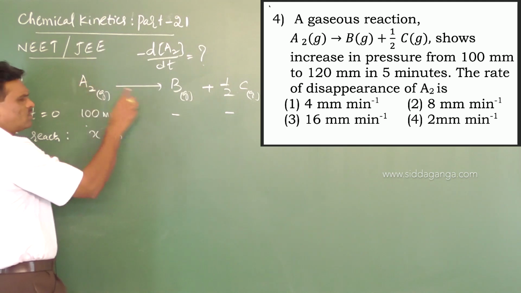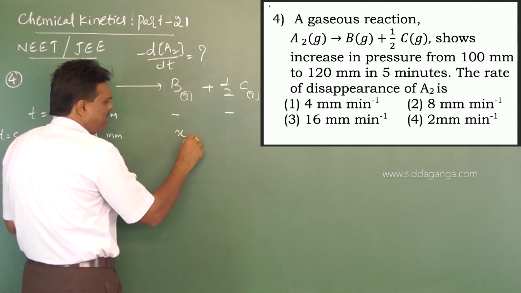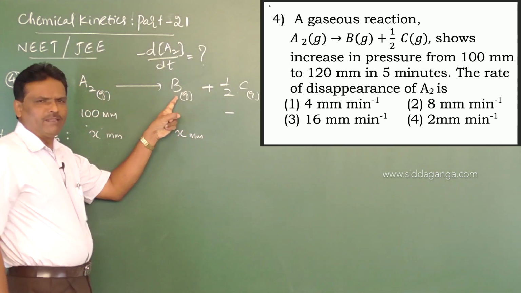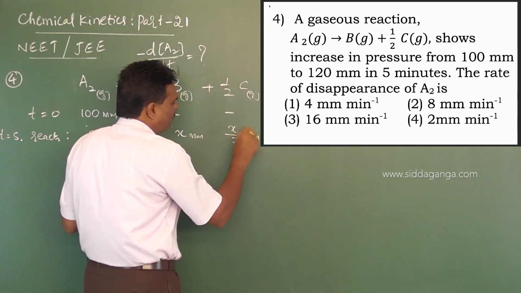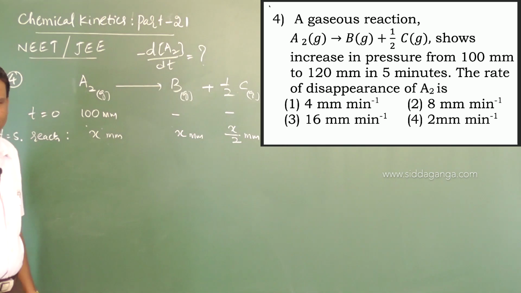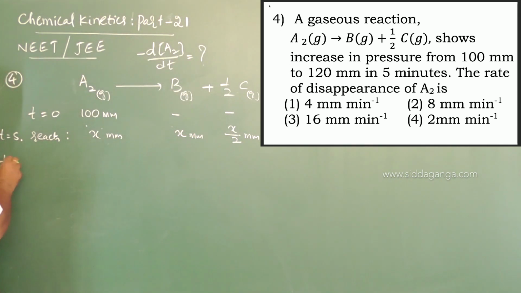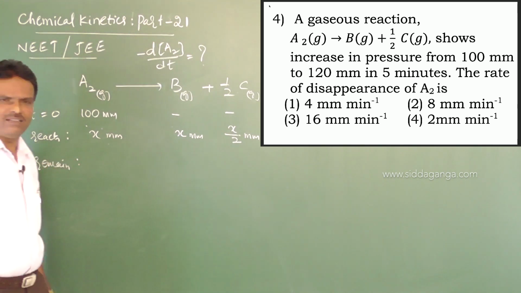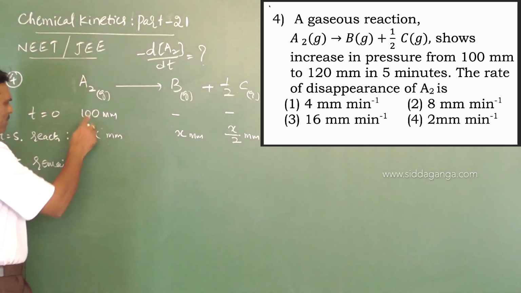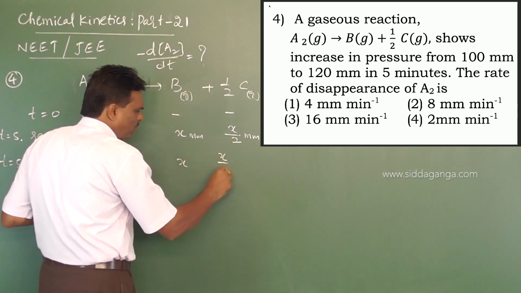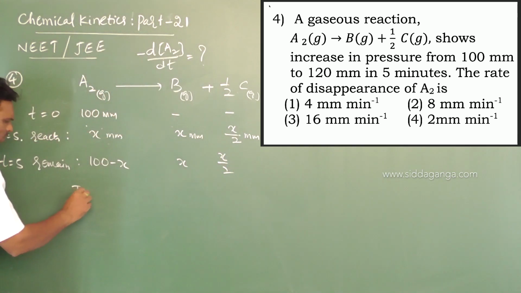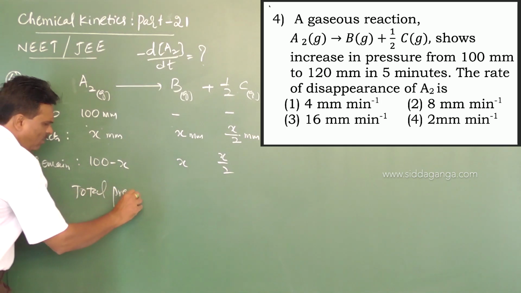Since A2 is 1 mole and B is also 1 mole, therefore X millimeter of mercury is the pressure exerted by B. And C is half mole, so therefore X by 2 millimeter of mercury is the pressure exerted by C. Then, after 5 minutes, the remaining partial pressure of A2 is 100 minus X. Here X by 2. Then the total pressure is equal to.